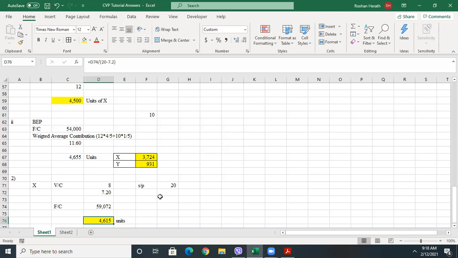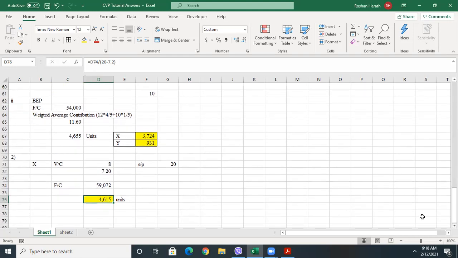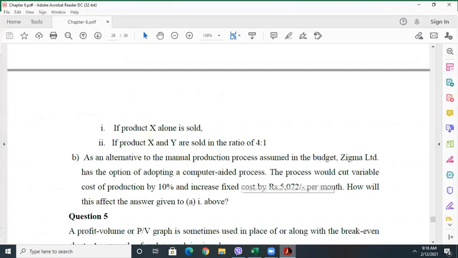Though it increases your efficiency, it still increases the fixed cost. Hence, that will obviously increase your break-even point. So earlier you could break even at 4,500 units, but now you break even at 4,615. Hence, it's not a desirable situation. So you can conclude like that.